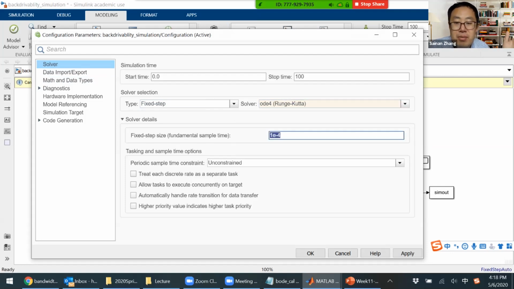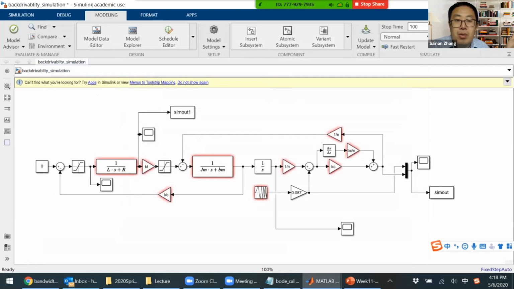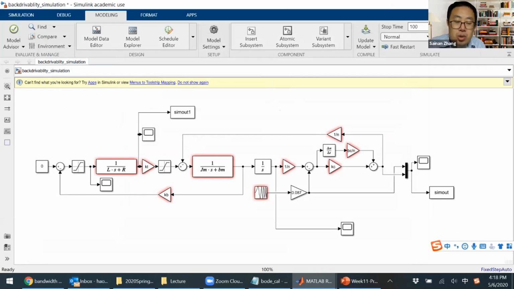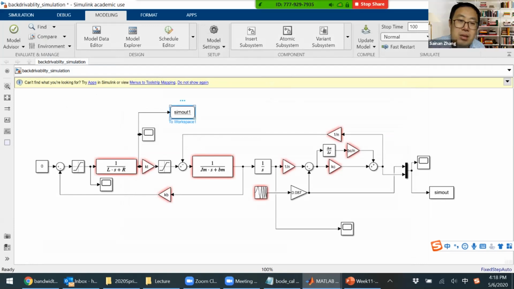This gives you a time step, from 0, 0.01, 0.02. So you get a time domain plot, and you also get the y. Essentially, you get the time and the number you are interested in. Any other question?